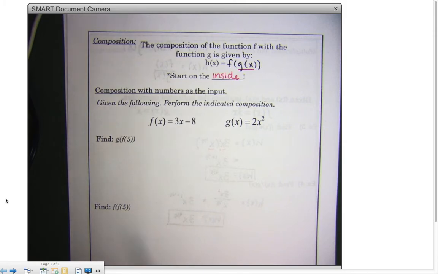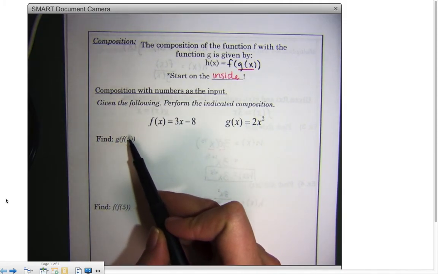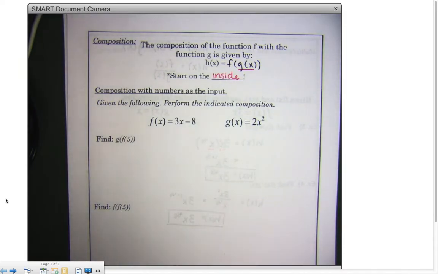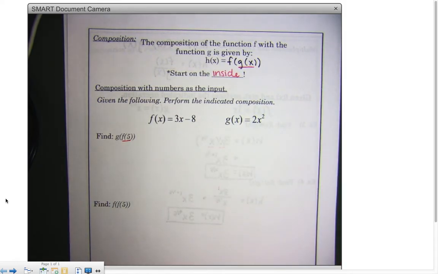Here we're given f of x is 3x minus 8 and g of x equals 2x squared. We're going to try g of f of 5. Every time you open a parenthesis, you say "of." G of f of 5. This is saying that I need to do f of 5, and then whatever that input is, input that into g.